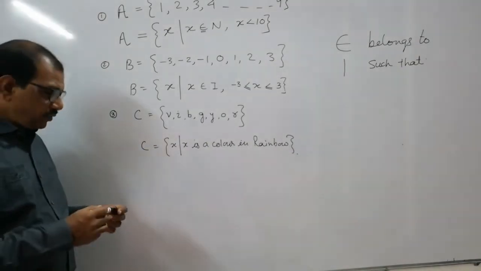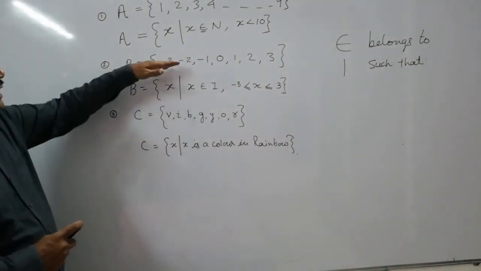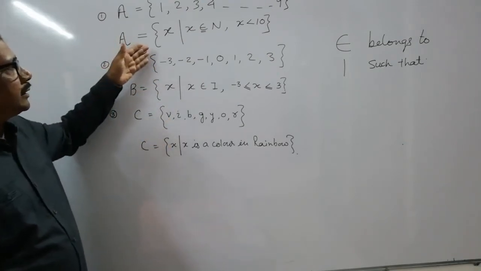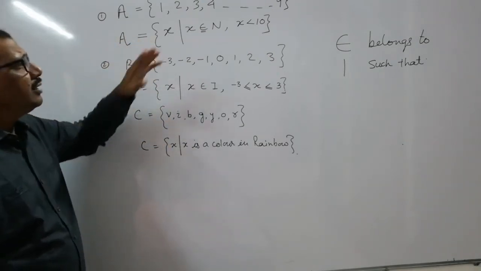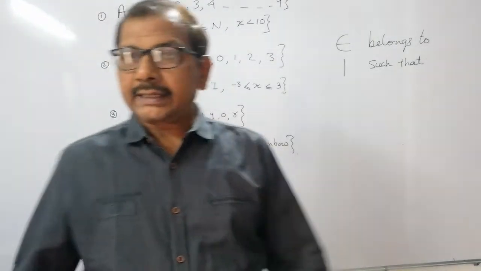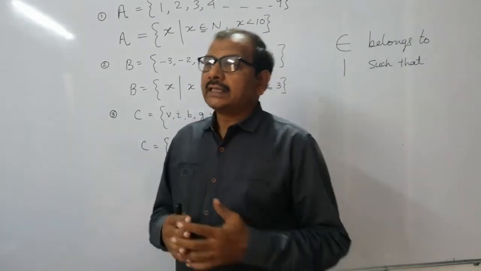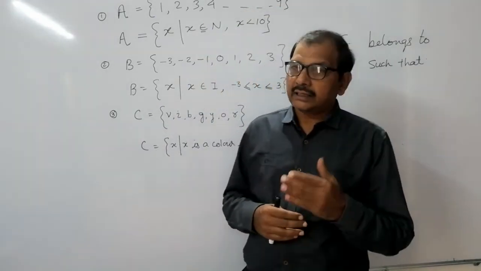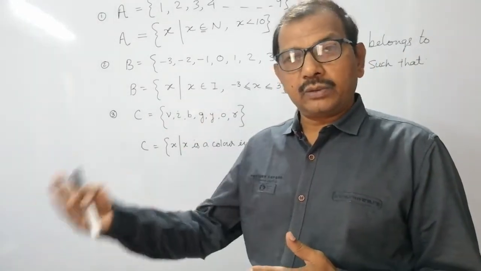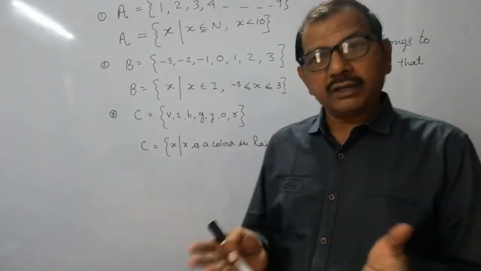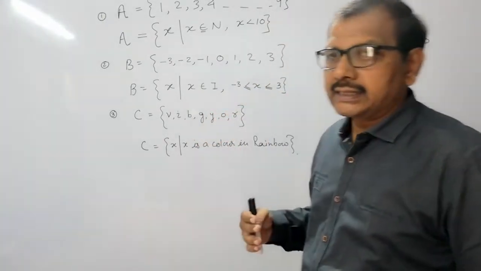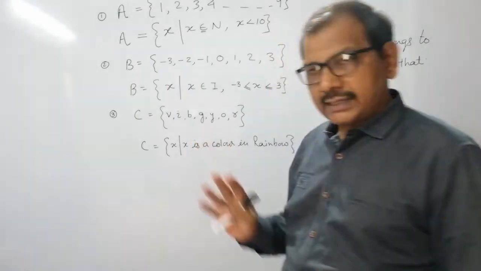So in case of listing method, we list the actual members of the set, and in the second case, that is in set builder method या rule method में, we mention the rules. Getting or not? So आपको एक exercise दिया हुआ है, तो उस exercise में आपको बताना है कि whether a particular set is listing method से rule method या rule से listing method में convert करना है, right? So generally a question comes in the exam based on this particular concept.